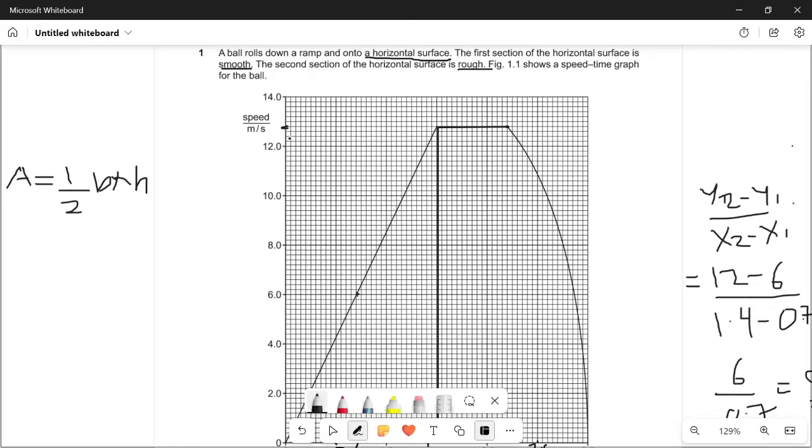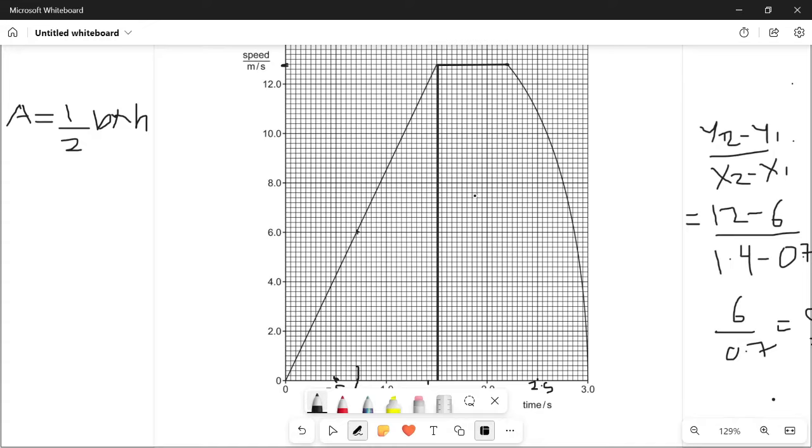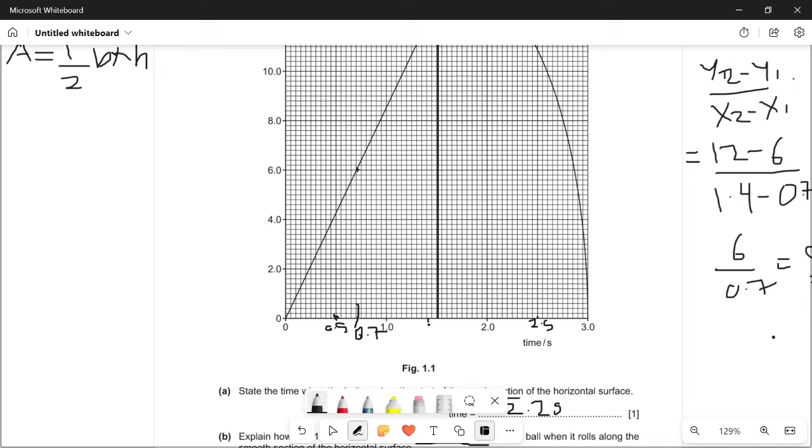So 10 boxes represent two units. So the fourth one is going to represent 12.8. So the height is going to be 12.8, and the base is right in between 1 second and 2 seconds. So it's going to be 1.5. So the base is 1.5.